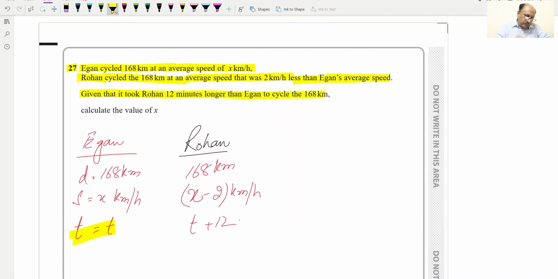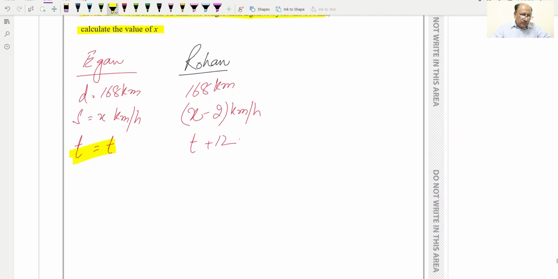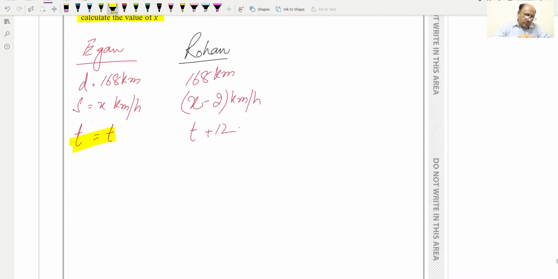So calculate the value of x, basically the speed required for Egan. We know that speed is equal to distance over time, and for Egan we can write speed is, and time is equal to distance over speed.